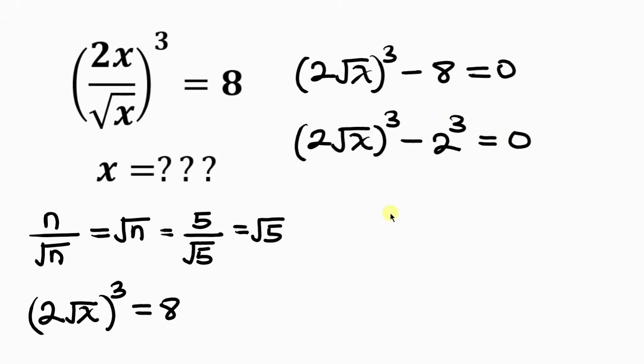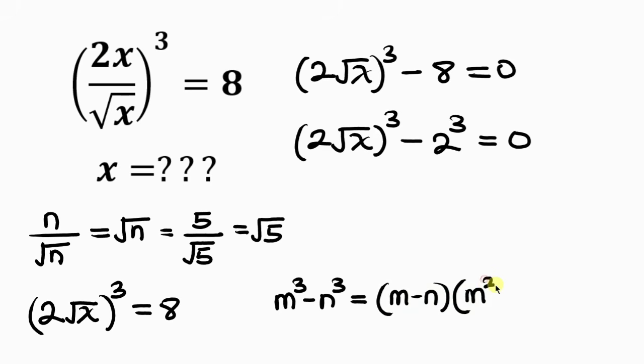I'm seeing an identity. For example, this is a difference of 2 cubes. Difference of 2 cubes has this identity: m cubed minus n cubed is equal to m minus n times m squared plus m times n, and then plus n squared.